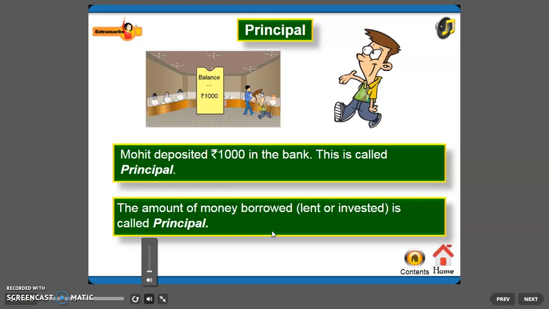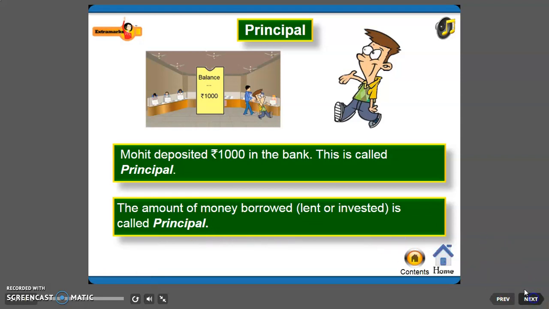So he is the borrower. I am the investor, or I am the lender. Lent or invested, both mean the same. Borrowed's opposite is invested. It all depends upon in which perspective I look at the problem. While we do the problems, you will understand. So the amount invested or the amount borrowed is called principal.